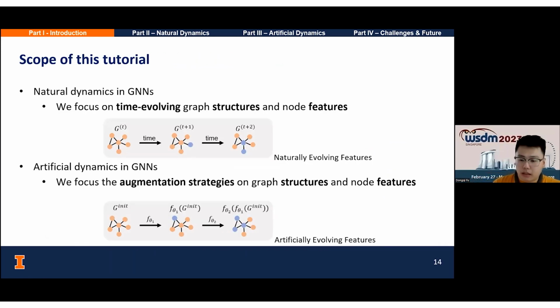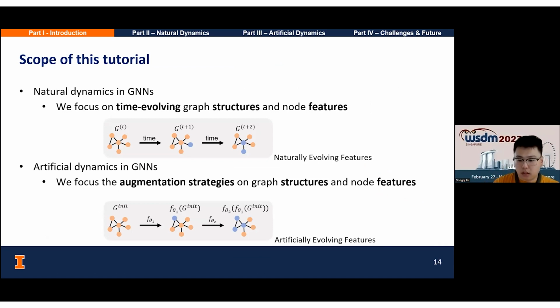Natural dynamics and artificial dynamics in graphs is a large topic, which consists of many different aspects. In today's tutorial, for natural dynamics in graph neural networks, we focus on time-evolving graph structures and node features.